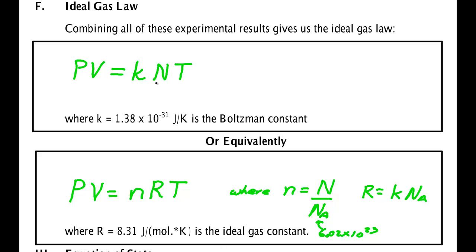So all we did is took this equation and we multiplied by Avogadro's number and divided by Avogadro's number. This n, being in moles, is a much smaller number and it's liked better by chemists. You don't have a constant that has this very small value, because when you multiply by Avogadro's number, you raise it up quite a bit. It's 8.31 joules per mole Kelvin.